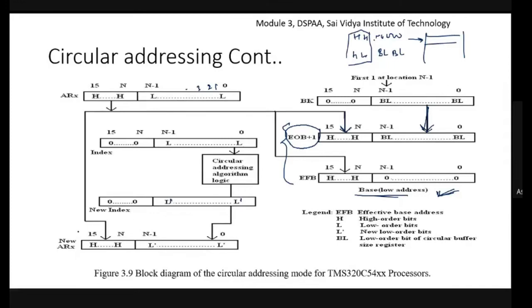Then how do we calculate the new ARX register? H will remain the same, and only the L dash values will be replaced. Instead of L, we will have L dash. How do we remember this block diagram?